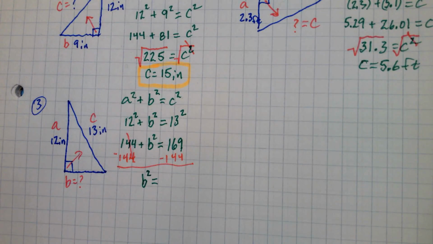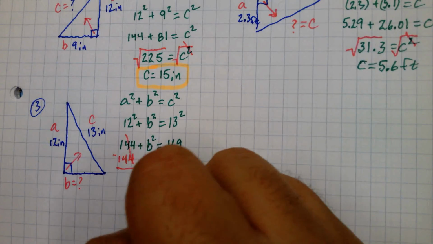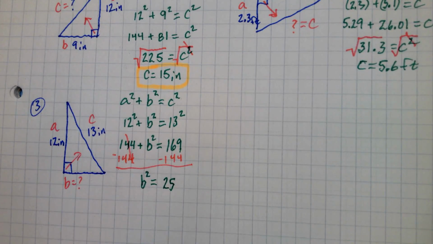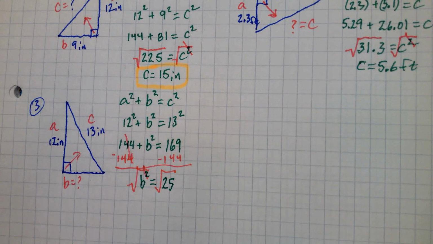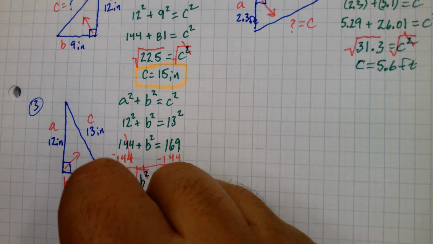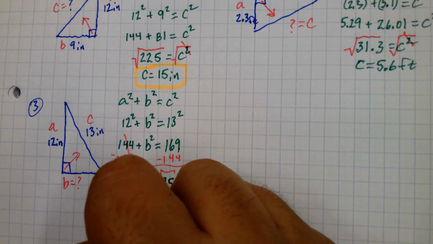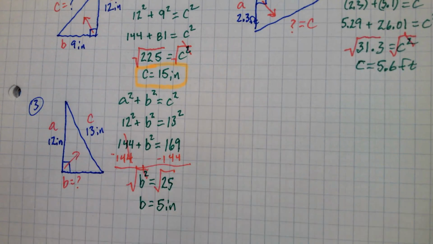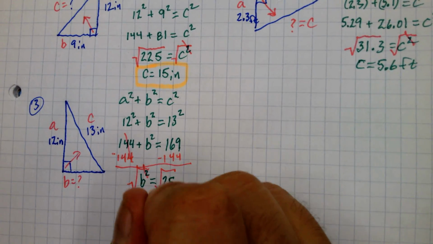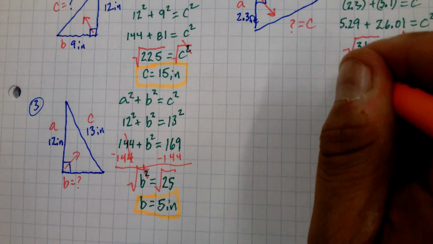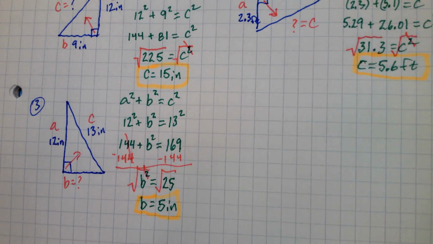And 169 minus 144 is 25. Oh, that works out nicely, because next thing I have to do is square root to make B squared B. So B is actually 5 inches in this case. All right. So if you have to figure out a leg, the only difference is you'll have to do a little subtraction.